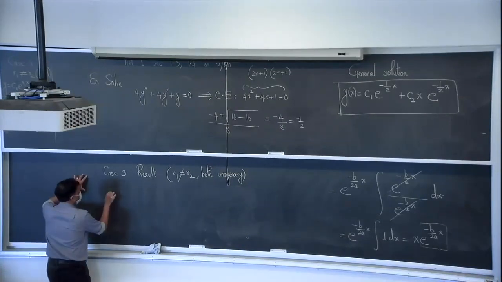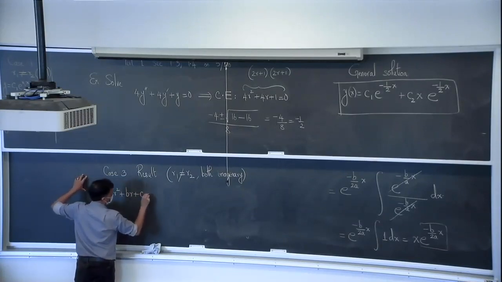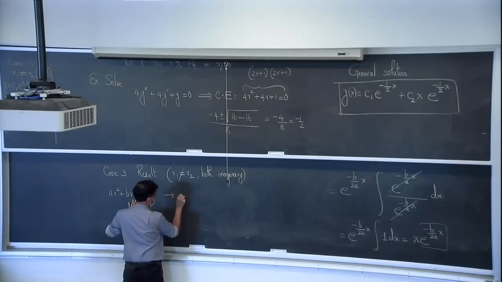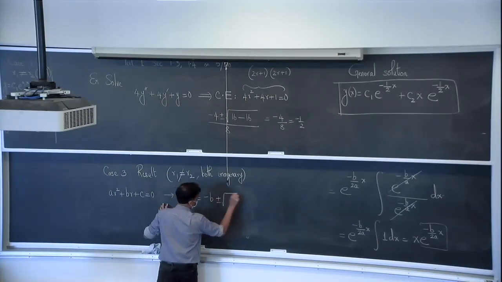So we are solving A R squared plus B R plus C equal to 0, and the roots were written as R1, R2 equal to negative B plus or minus the square root of B squared minus 4AC, whole thing divided by 2A.